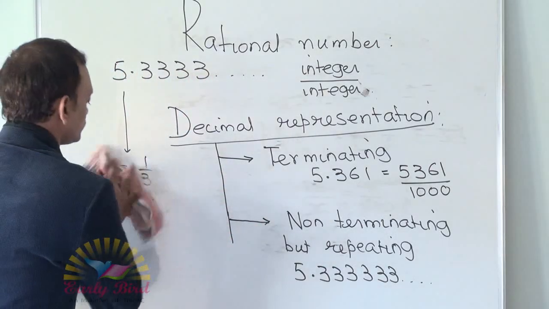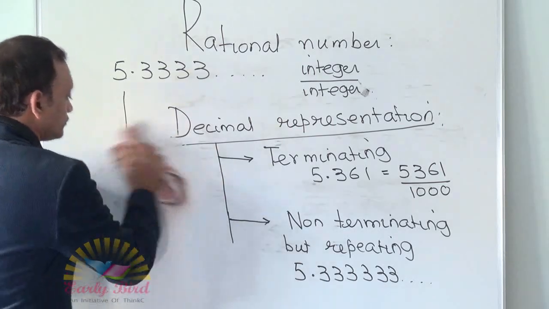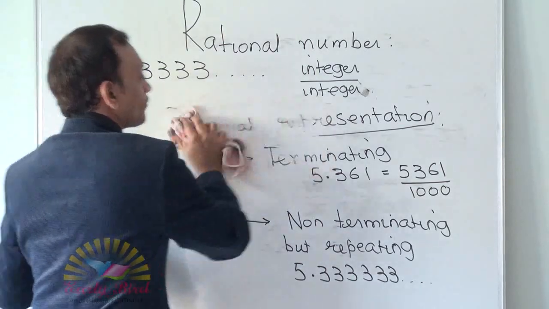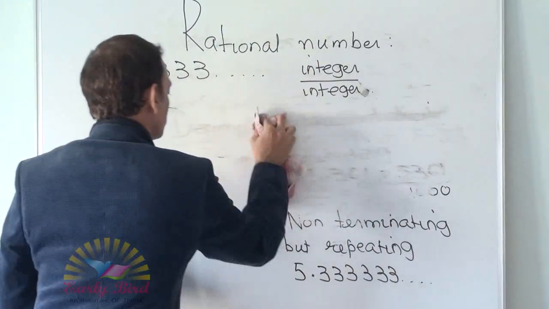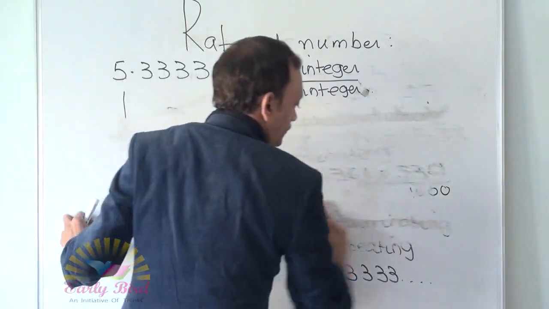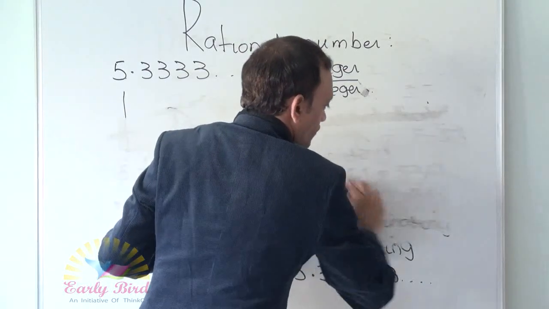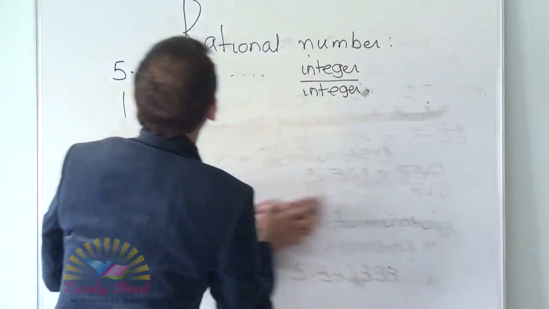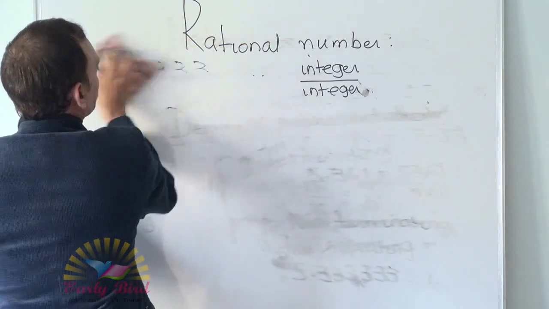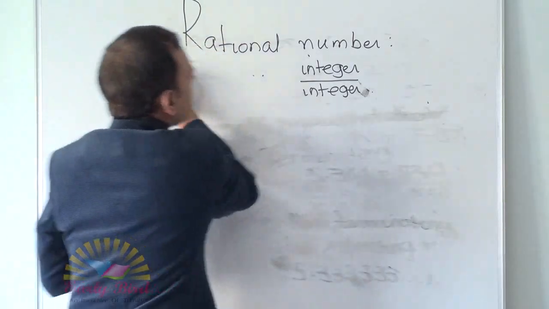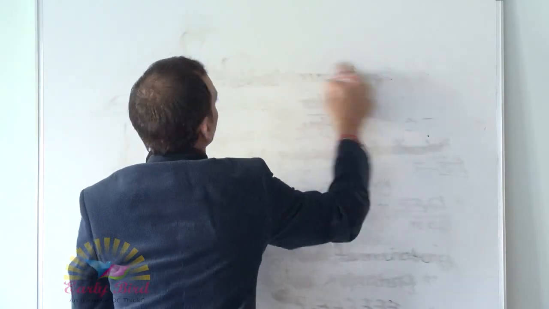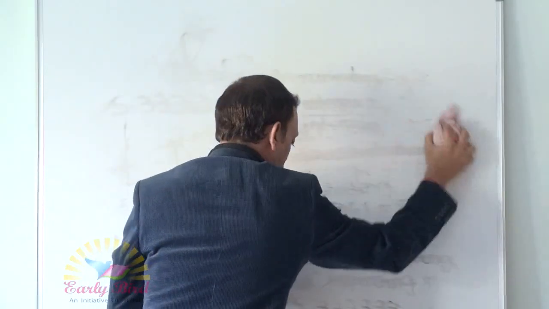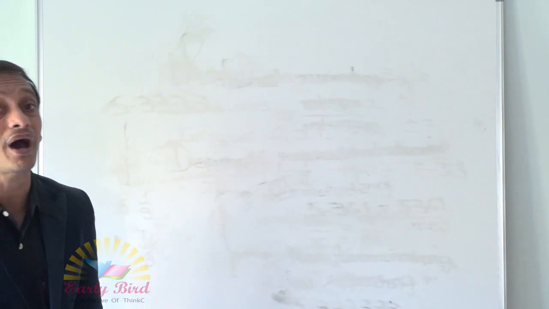Now, let me give you a little more involved case of a rational number where you want to express that in the form p by q, where p and q are integers.